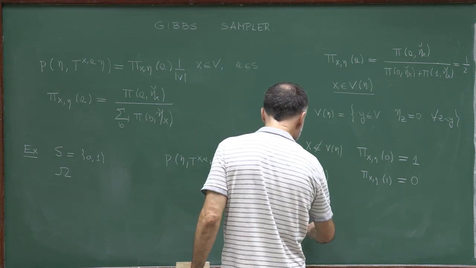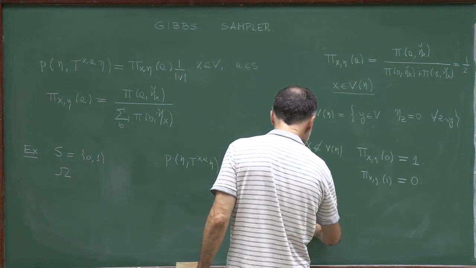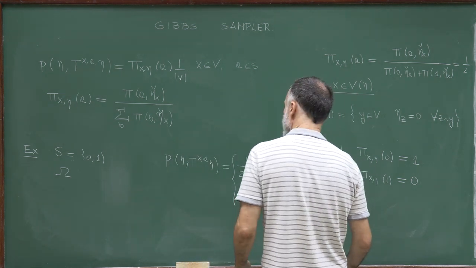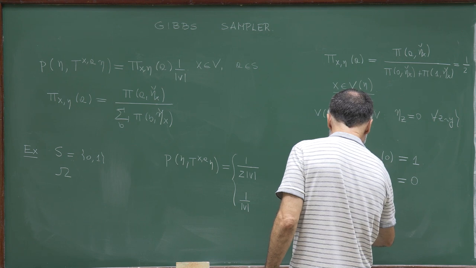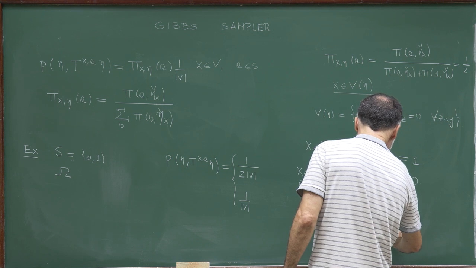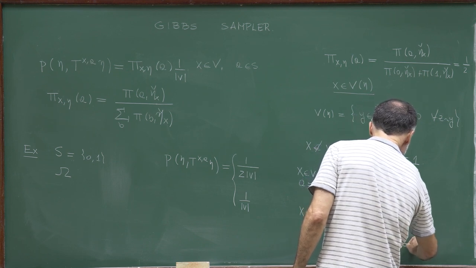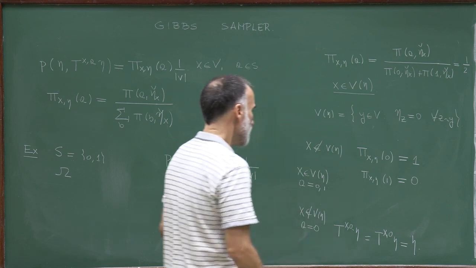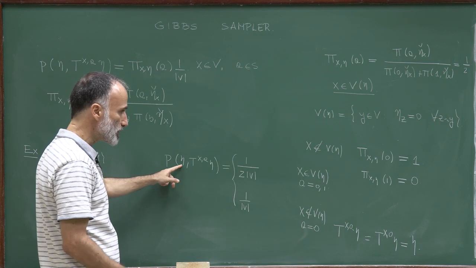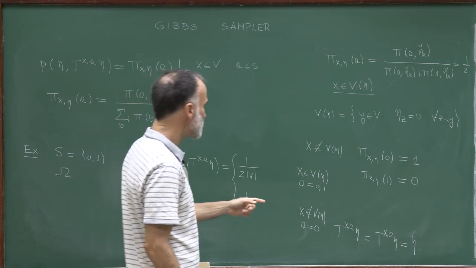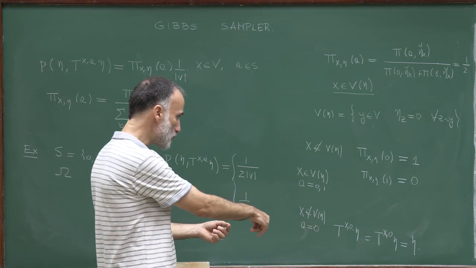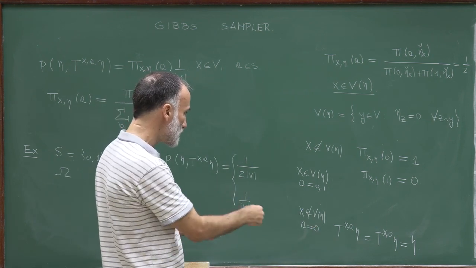And here we need a equal to 0. And actually, T_x^a of eta, in this case, it is T_x^0 of eta, and this is eta, right? Because, assuming that eta belongs to the configuration space omega, and since x does not belong to V of eta, it means that there is one neighborhood of x which is occupied.